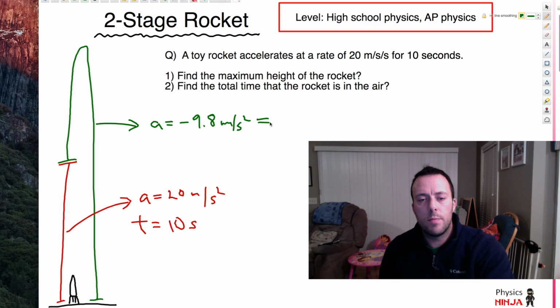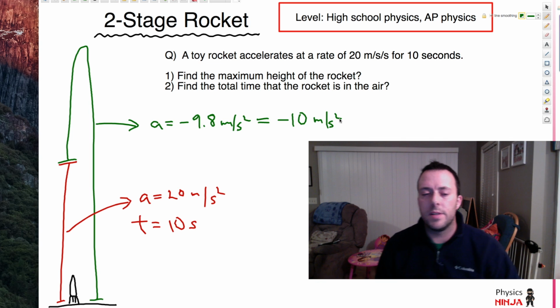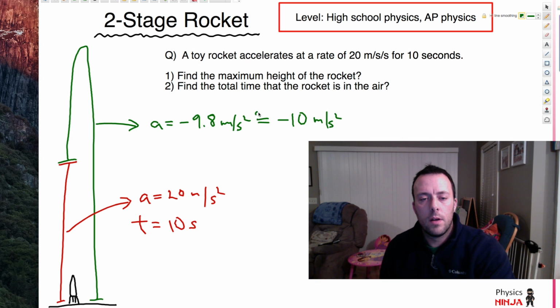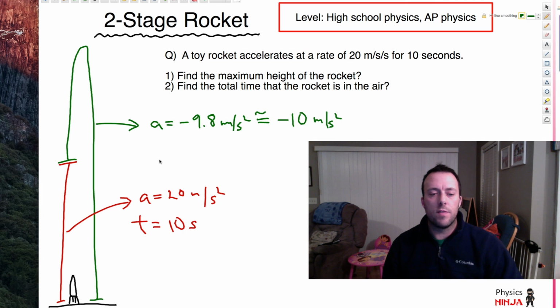For this problem, let's just simplify that and write it as 10 meters per second squared. It'll make the numbers work out a little bit easier. Okay, so we have 20 meters per second squared for the first 10 seconds, and for the remainder of the trajectory, we're going to have minus 10 meters per second squared.